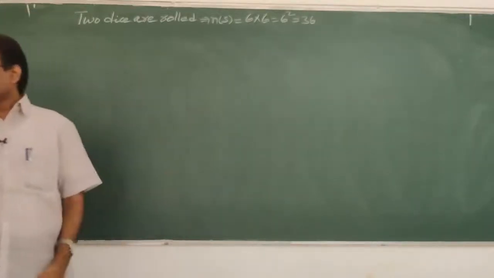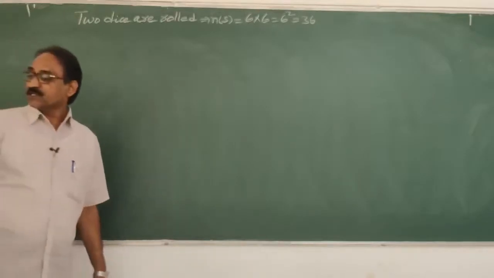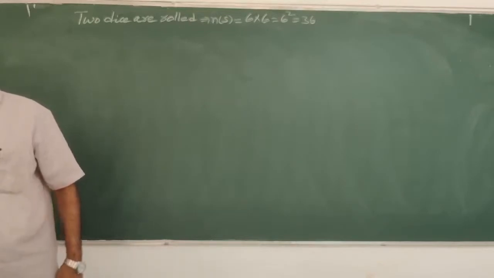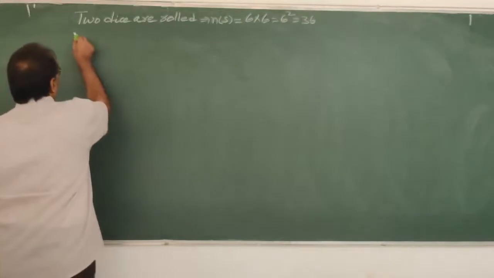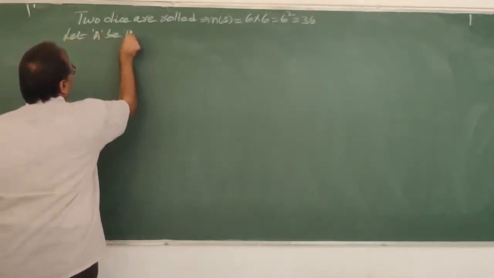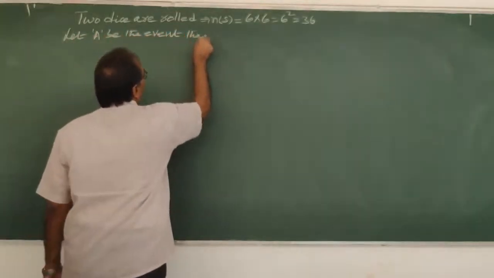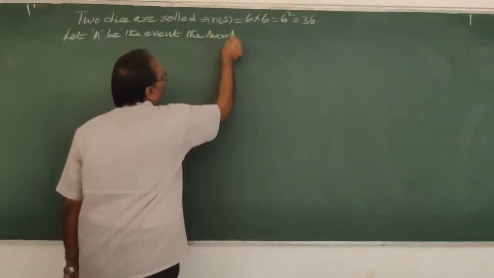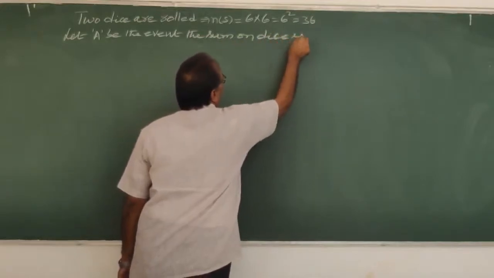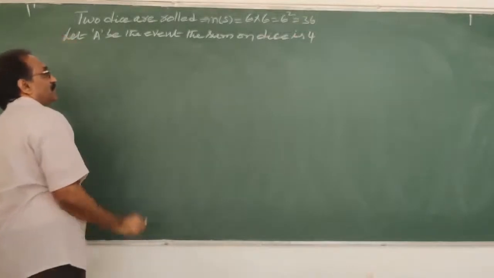Okay, now what will we do? Let A be one event. He has given that the sum of numbers on the dice is 4. Let A be the event that the sum on the dice is 4. Out of 36, what are the chances that the sum on the dice is 4?